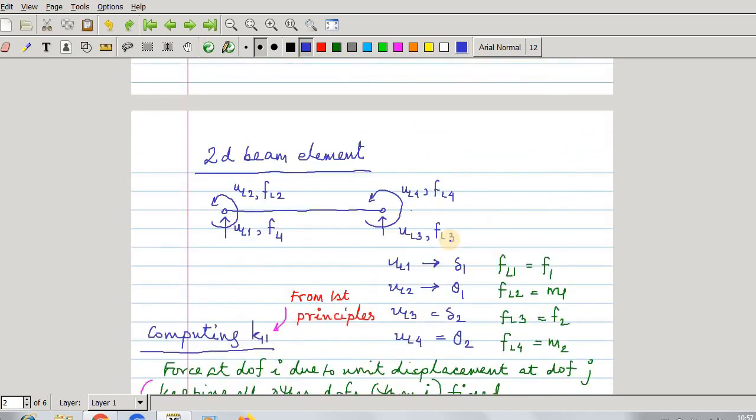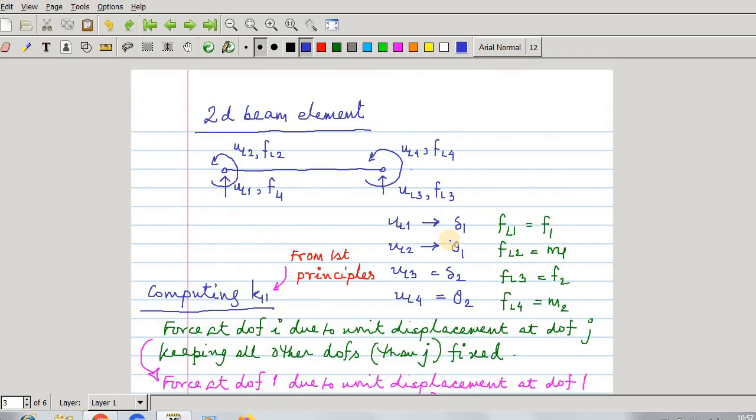So the next element which we will learn is the 2D beam element. We will try to find out the stiffness matrix of this element from first principles. But see, the elements are slowly becoming more and more complicated, and until this beam element we can get the stiffness matrix from first principles.